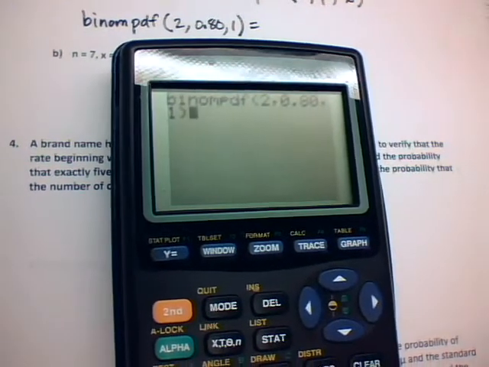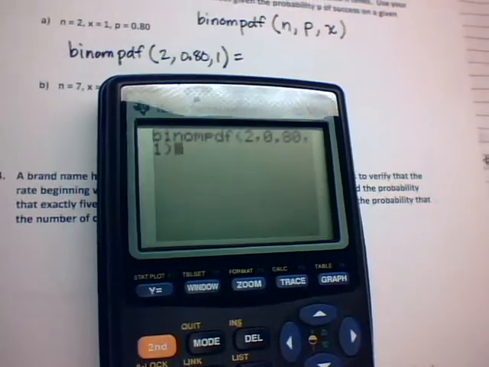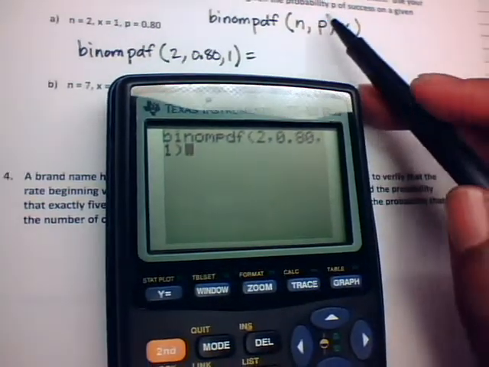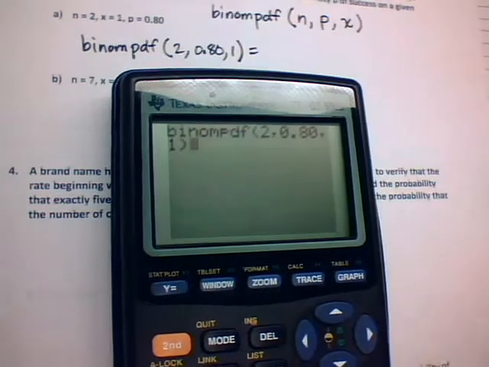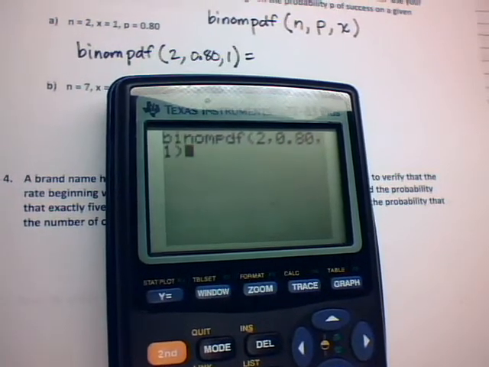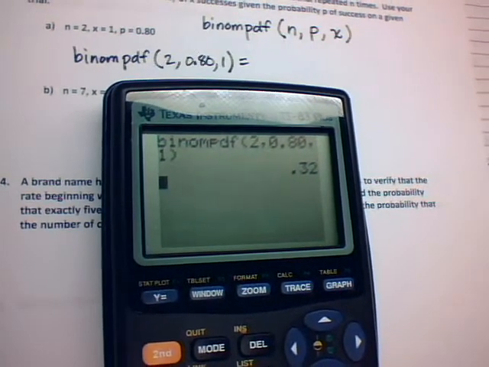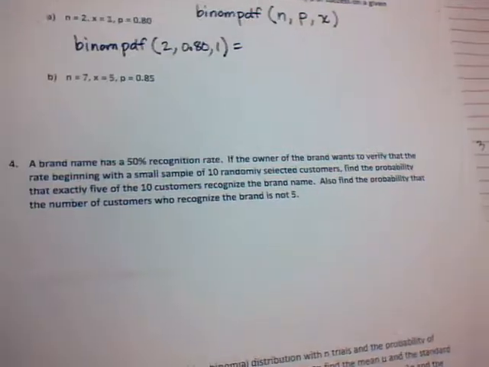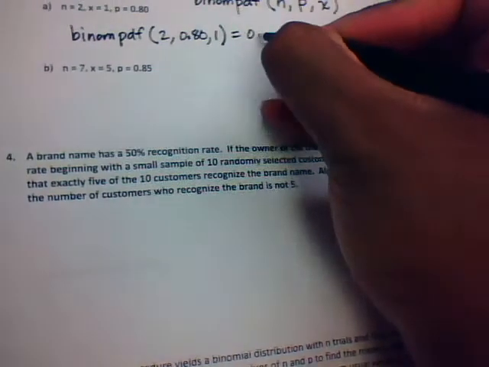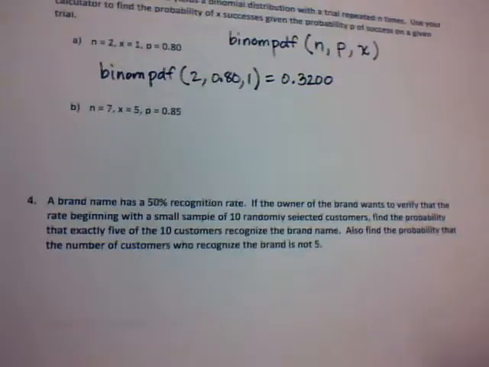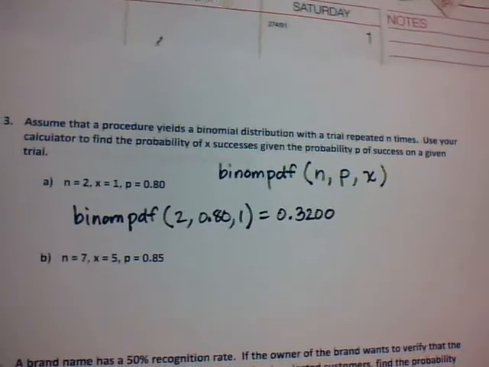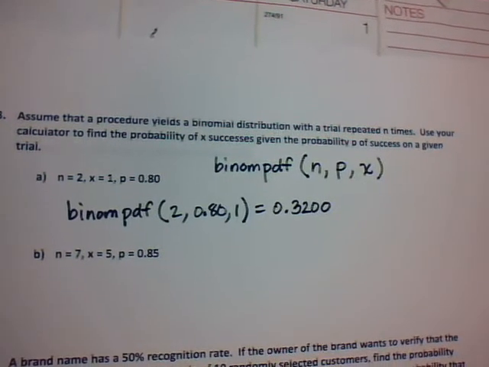That's the order you will enter this in. And it's quite easy because if you know the alphabet, n comes before p, p comes before x, so that makes sense. And then press enter. And here you'll get 0.32. And we're going to round this off to 4 decimal places because probability is usually going to be in 4 decimal places. So this will be 0.3200.